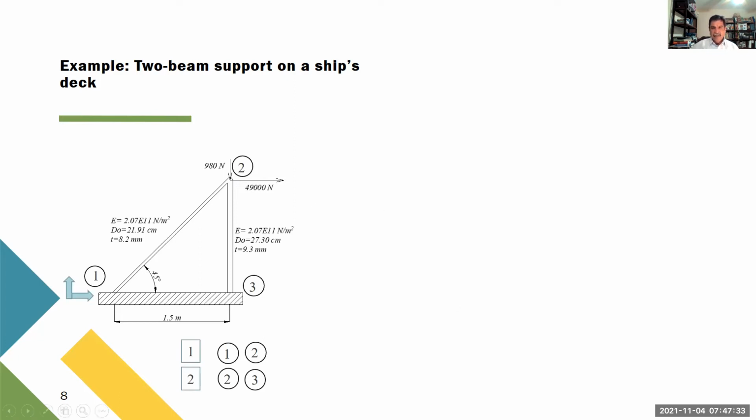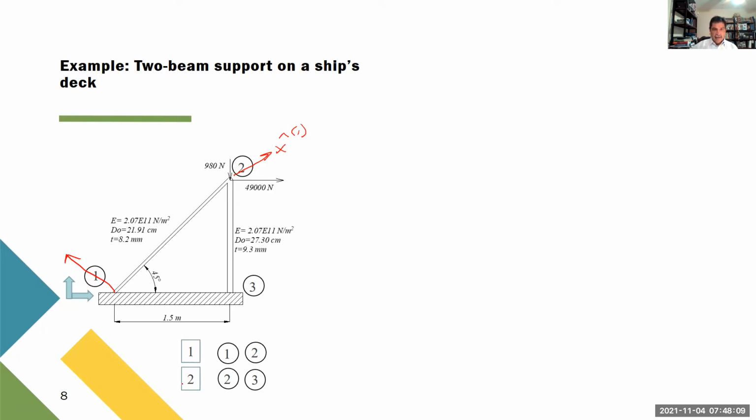This is the first thing that we do. We have to define how many elements we need. In this case, we use 2 elements. The first one goes from 1 to 2. So immediately, if this is a local reference system, you see that theta is about 45 degrees. So this is the local reference system for the first element.